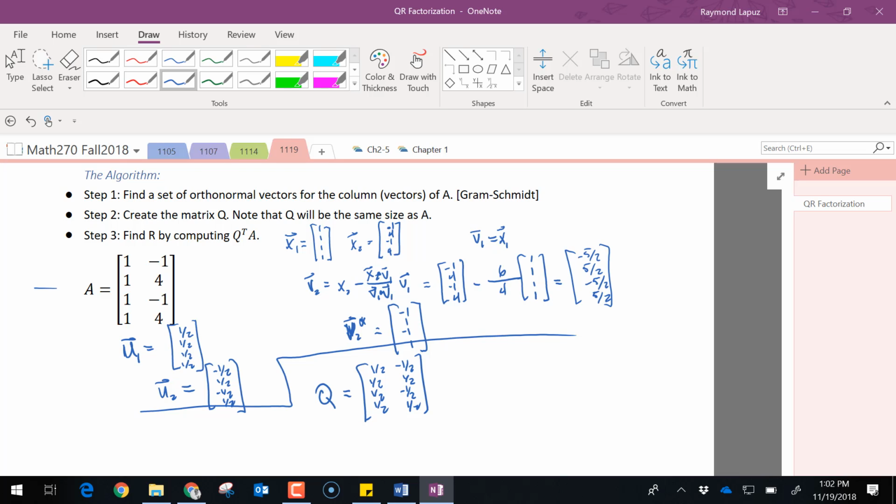You could do other things like factor out a 1/2 if you want, but that's not a big deal. Although we might want to do that when we do our next step. And our next step is to find R by doing the computation of Q^T times A. And so we have to find Q^T. This is a 4 by 2, so Q^T is a 2 by 4. That's a 1/2.